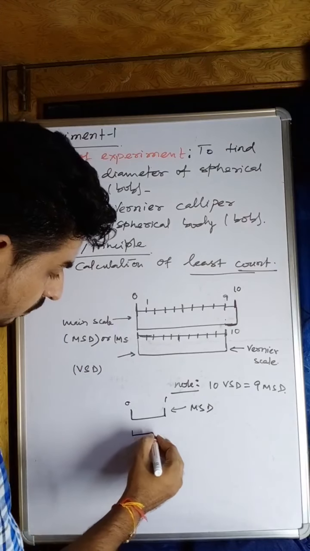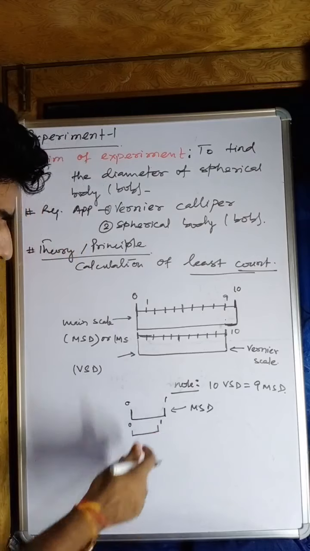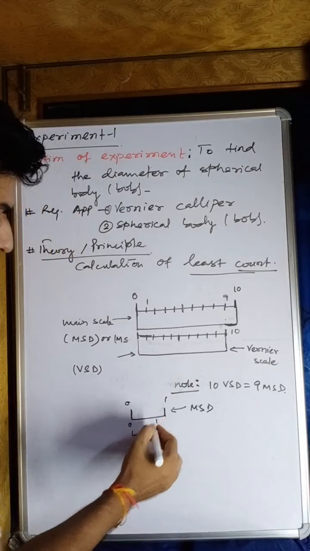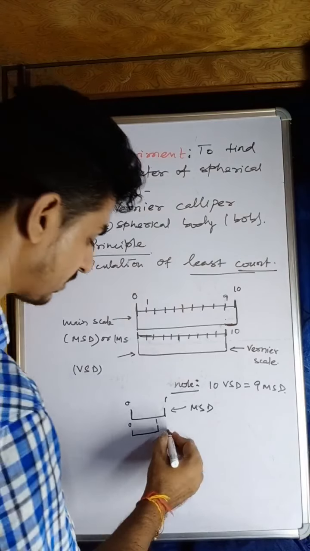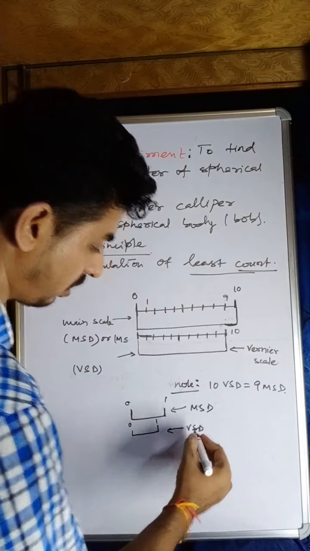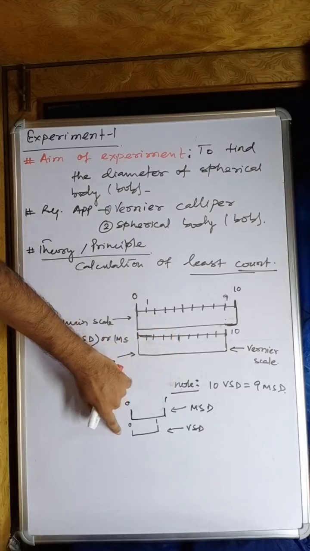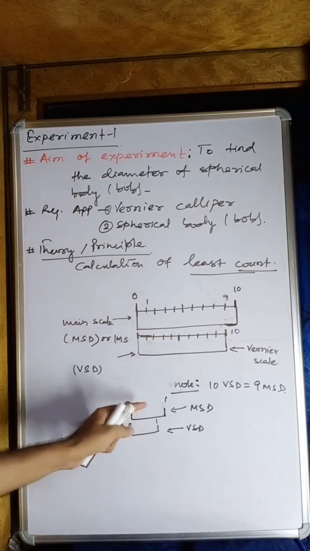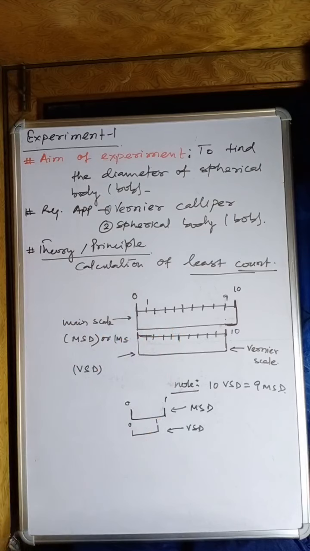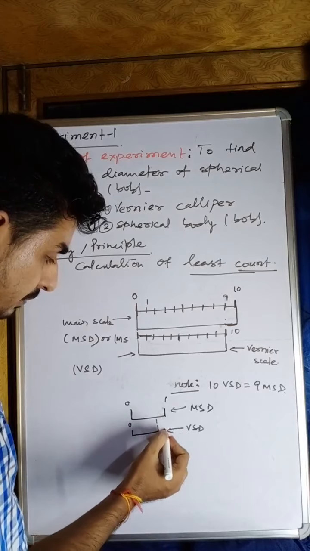This is the vernier scale division. Okay, this is 0 and this is 1. Now you can see very clearly, my dear students, this scale can measure this much length and this scale individually can measure this much length. But these two scales along with each other can measure this much amount also.